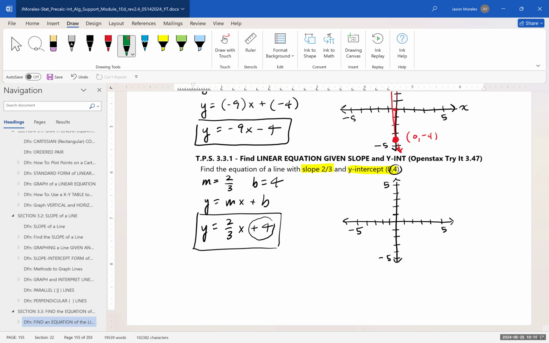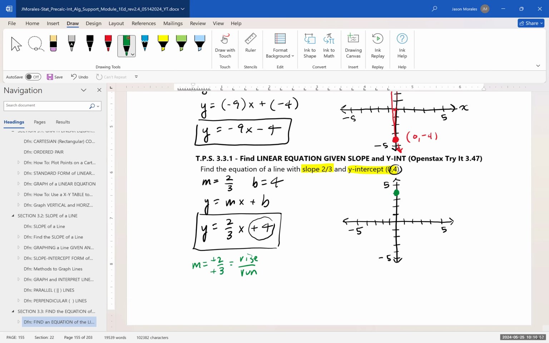Okay, and so we have a y-intercept of positive 4, and so remember, our slope is 2/3, and that's rise over run. So you may be thinking, well, it'd be nice to do a positive rise and a positive run. The problem is that a positive rise is going to put us off our graph.